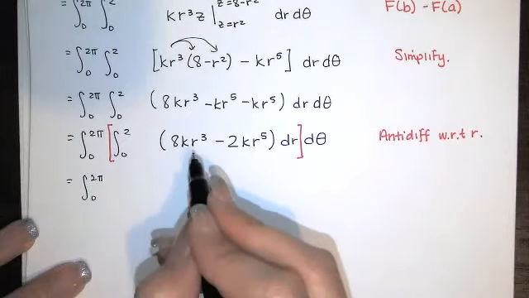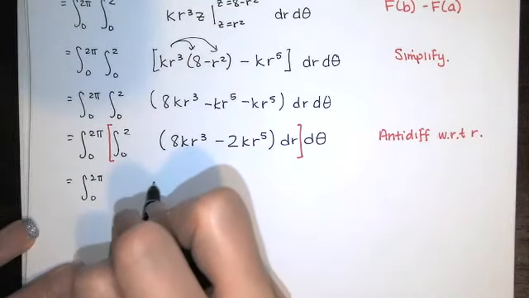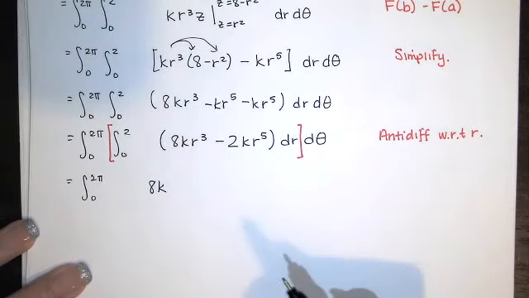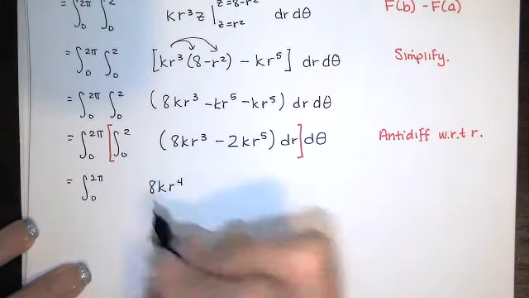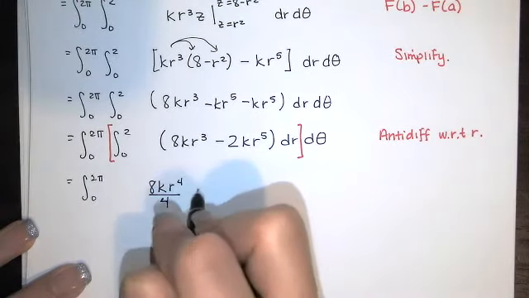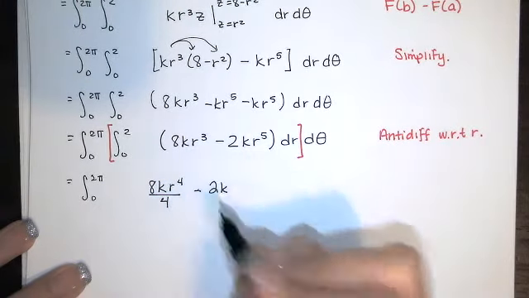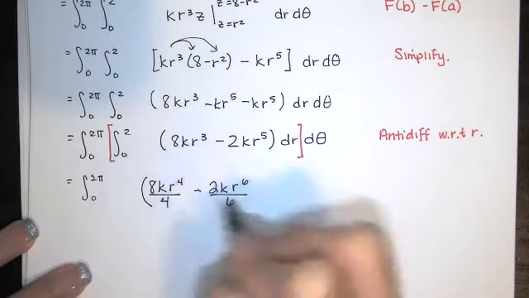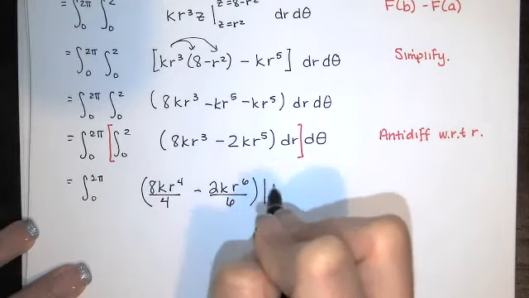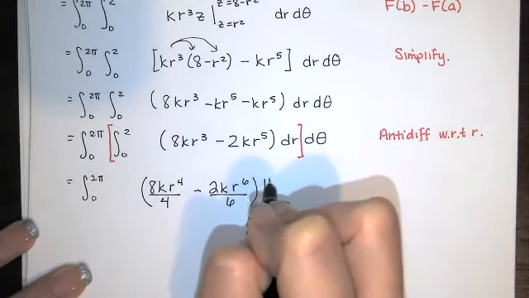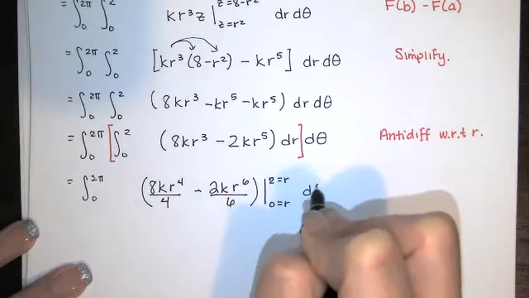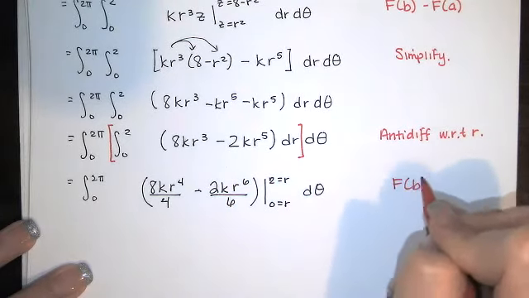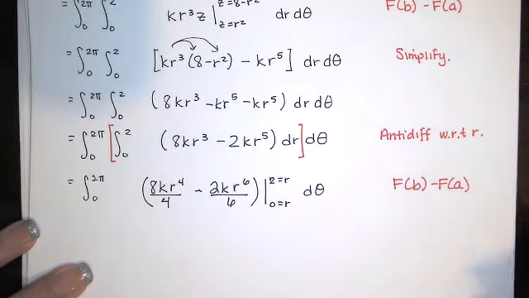The antiderivative of a constant times r cubed with respect to r comes from bringing the constant down, then you add 1 to the exponent and divide by the new exponent. Then over here, we bring the constant down, add 1 to the exponent, and divide by the new exponent. Substitute in 0 for r and 2 for r, and subtract. That's from the fundamental theorem.